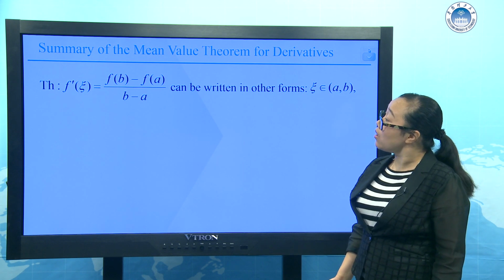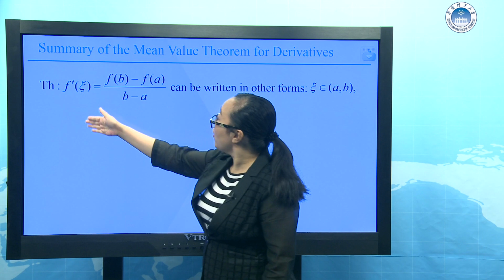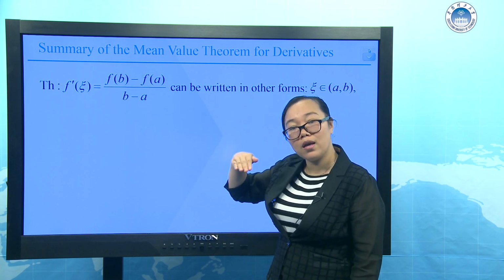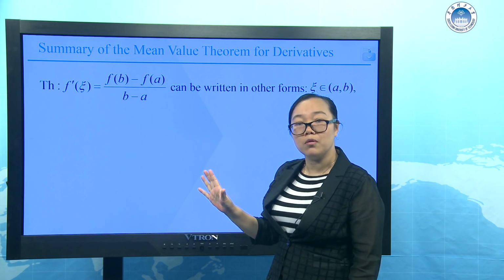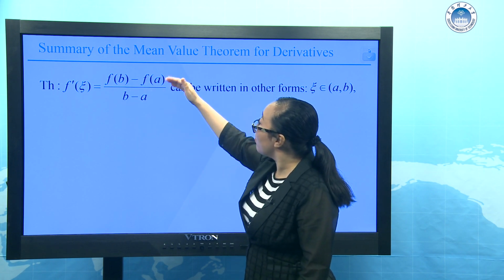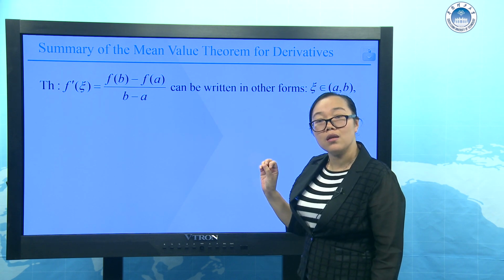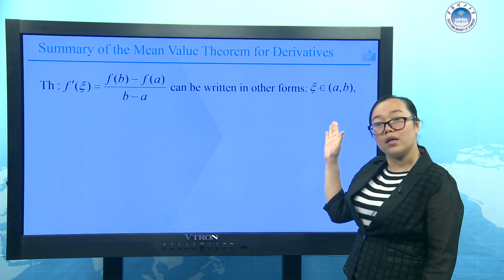The basic theorem tells us this expression: f prime of c is some slope for the secant line of the points A and B. (f(b) minus f(a)) over (b minus a) can be written in other forms, with c between a and b.